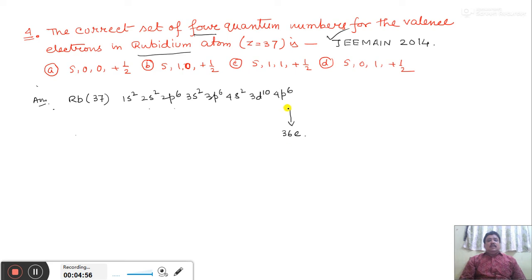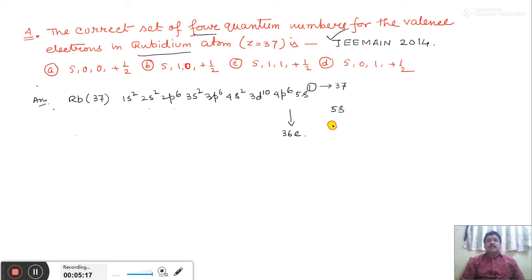Up to this, 36 electrons are filled. Now the 37th electron goes into the 5s subshell and is 5s1.